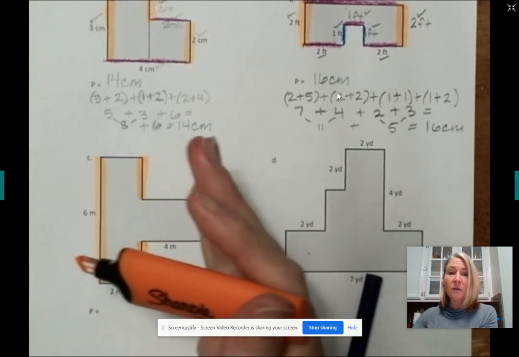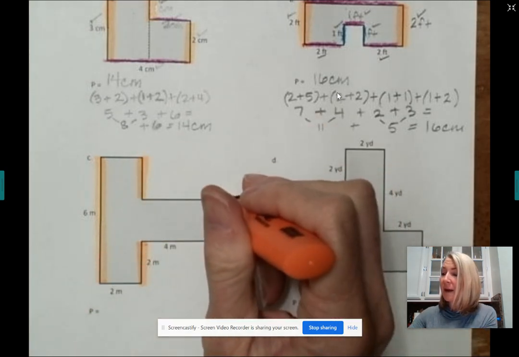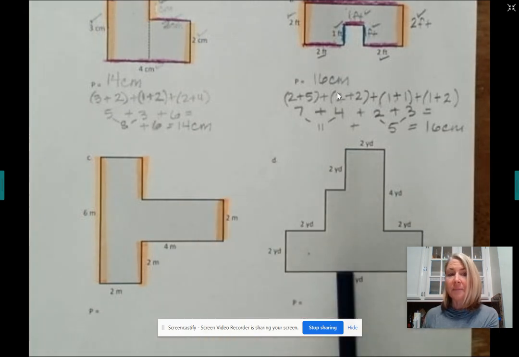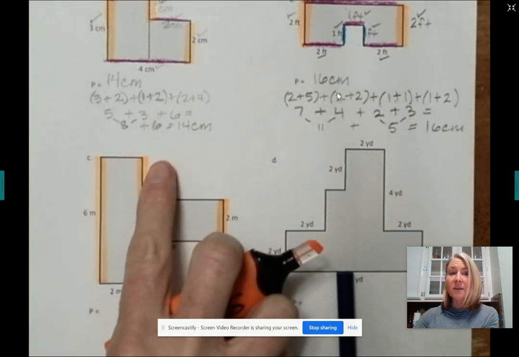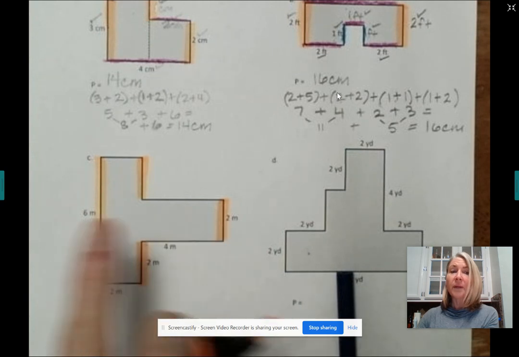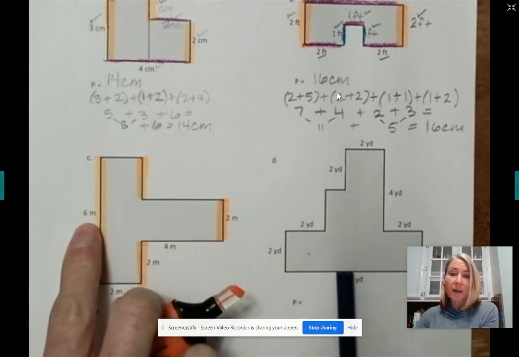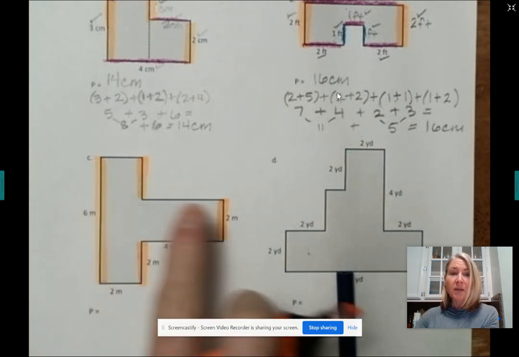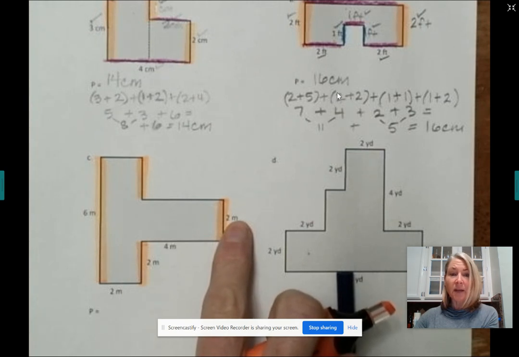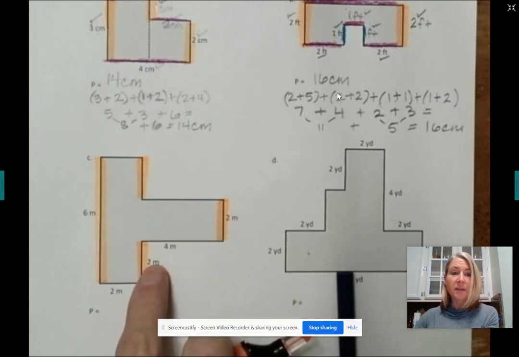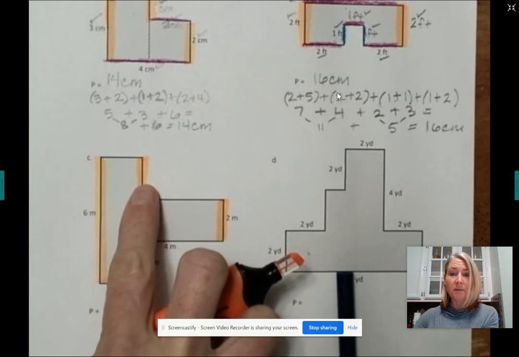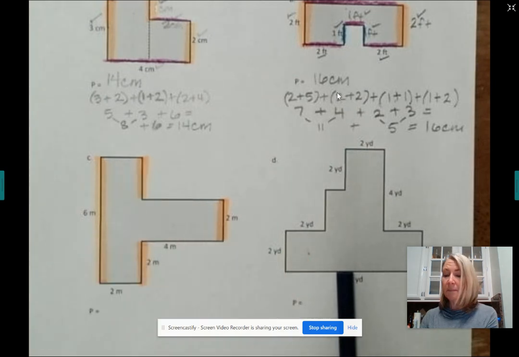If I continue across my figure, I can see I have another vertical line right here. So I have all these lines, they are all related to this 6, which is why I highlighted them the same color. So this side length is already identified, and this side length is already identified. This is the one that I need to determine.